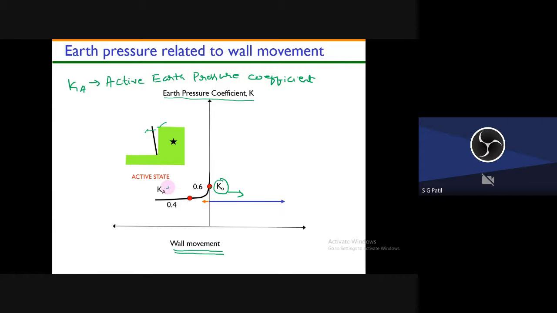Now we'll see the opposite of this. That means the wall is moving towards the soil. You see the wall is moving towards the soil. What will happen? The pressure is building here. Whatever soil pressure is there will build.